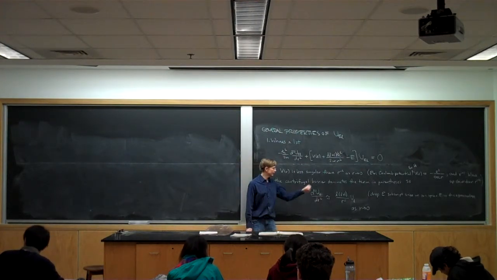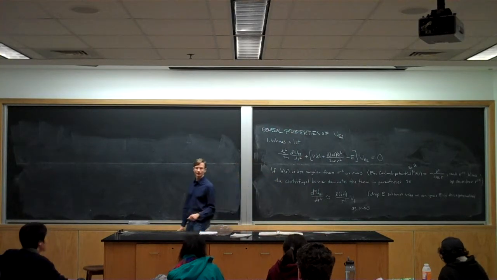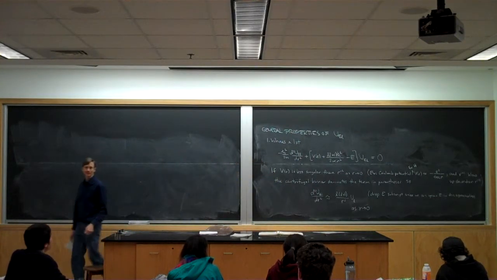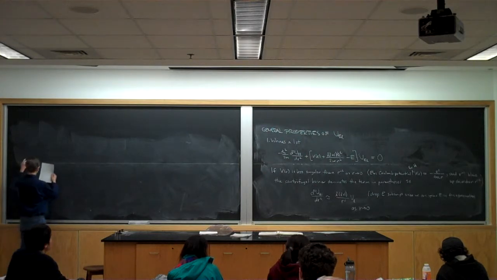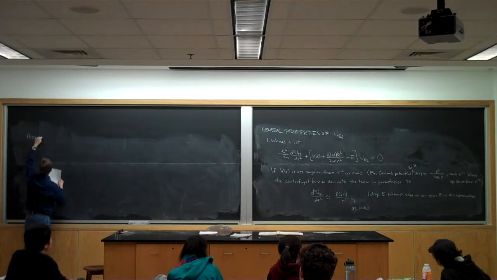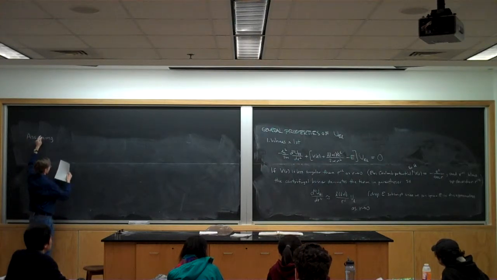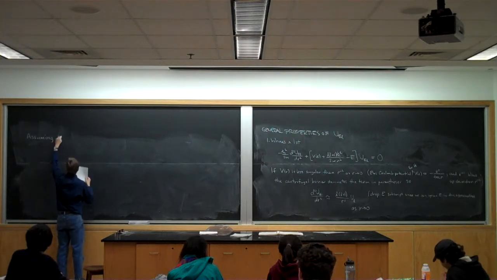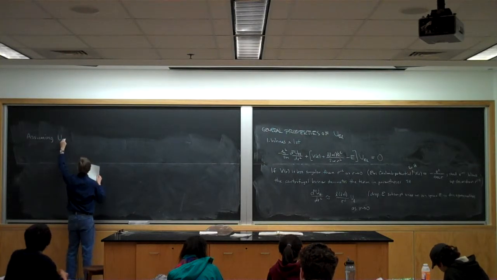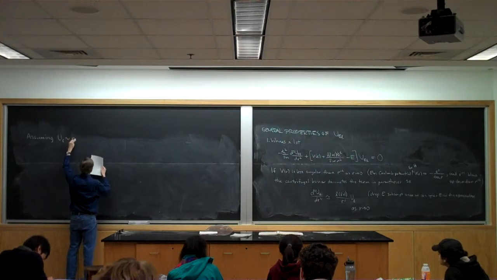So can anybody just look at that and tell me what u is? I can't. But this is one of these deals where, okay, I don't know what the answer is, but let's just try to guess. Let's just assume that u_L goes like r to some power of alpha.